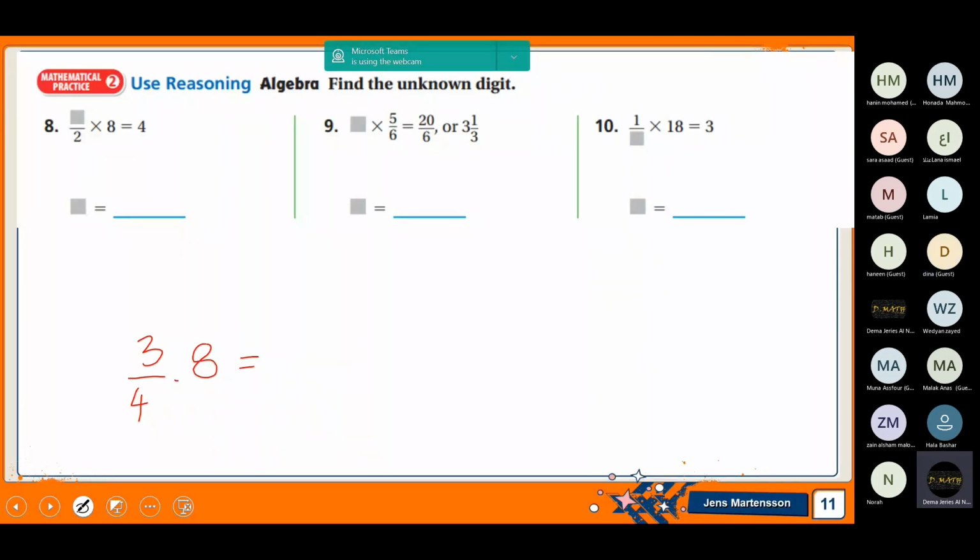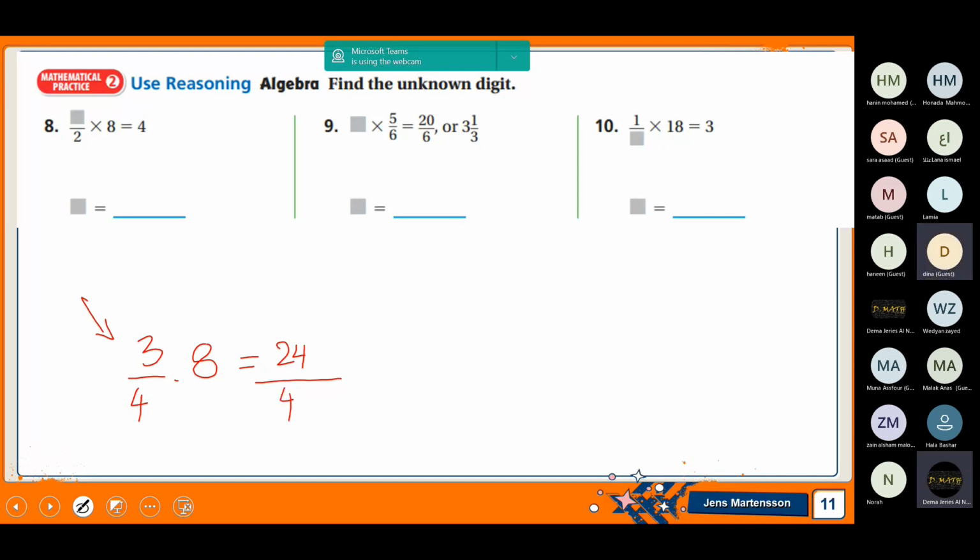You multiply the 3 by 8, you get 24 over 4.